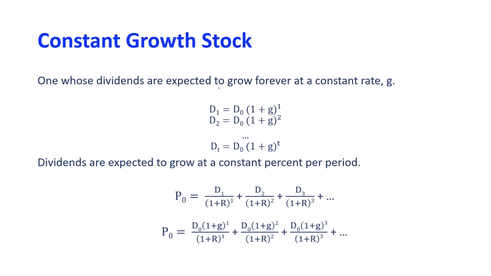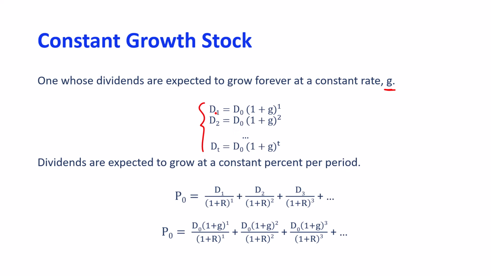In the constant growth stock, we are assuming that the stock dividends are expected to grow at a rate of g, or growth rate, forever. So this helps us to estimate or forecast the future cash flows of a stock.